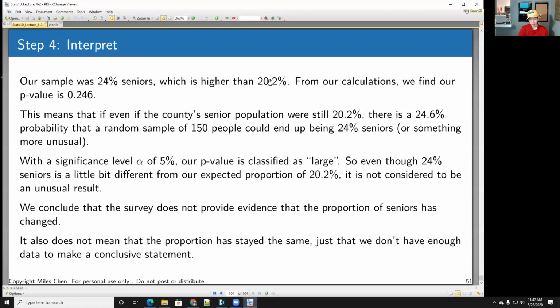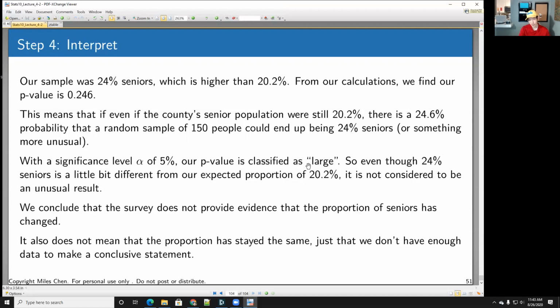When we do the calculations, we get a p-value of 24.6%. That means even if the county's senior population is still 20.2%, there is around a 25% chance, 24.6% probability, that a random sample ends up being 24% seniors or something more unusual.